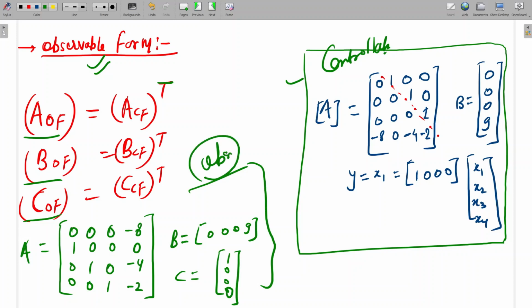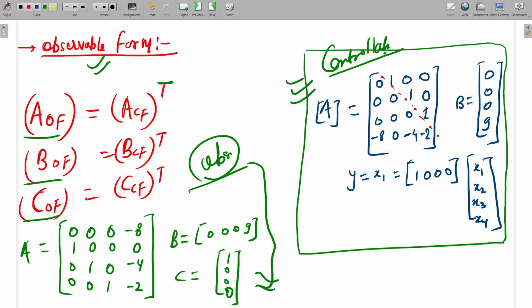If the question asks what the matrix for the observable form will be, first we write it like this, then we just take the transpose of that matrix. That will be the matrix for the observable form for the same system. Is it clear? So we should remember this method. First write the matrix in controllable form, then take the transpose.